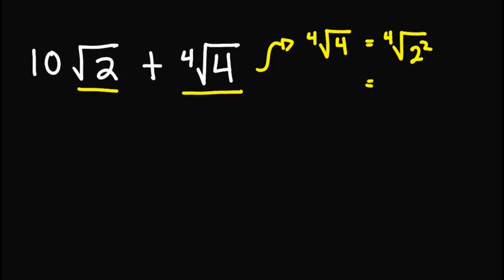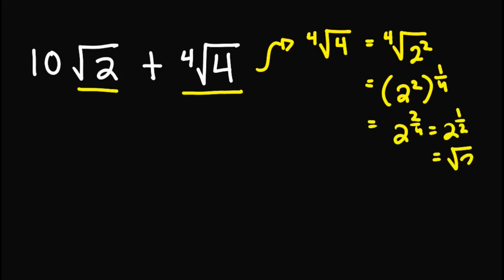And this one is equal to 2 squared raised to 1 over 4, by laws of exponents, 2 raised to 2 over 4, or 2 raised to 1 half, which is equal to square root of 2.